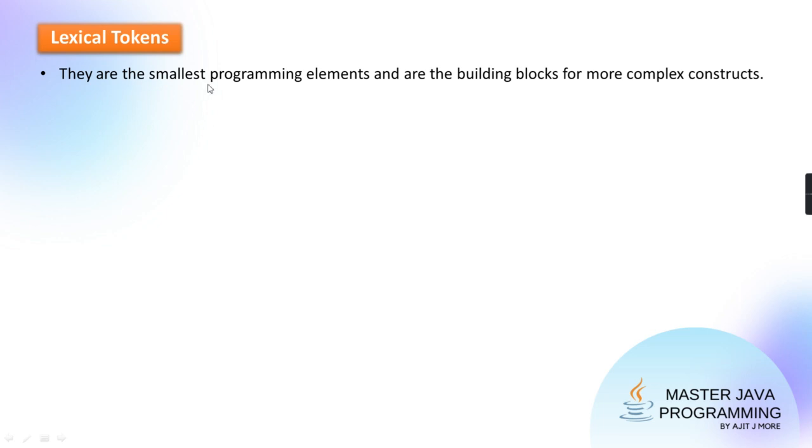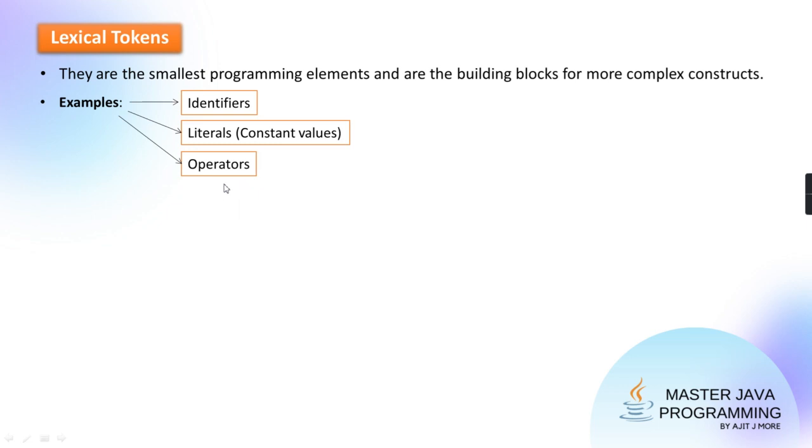So they are the smallest programming elements, and they act as building blocks for constructing more complex constructs. Who all come under lexical tokens? Identifiers, which we will be discussing. Literals, that is the constant values. Then operators.